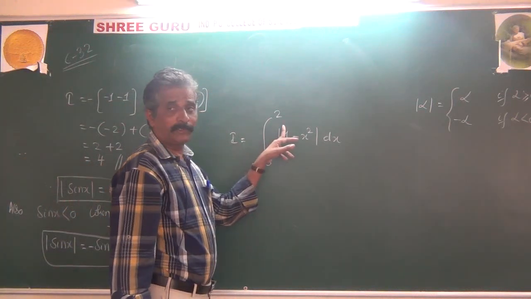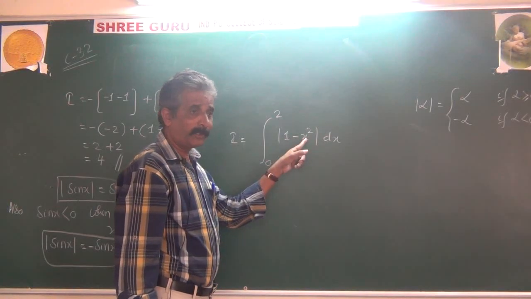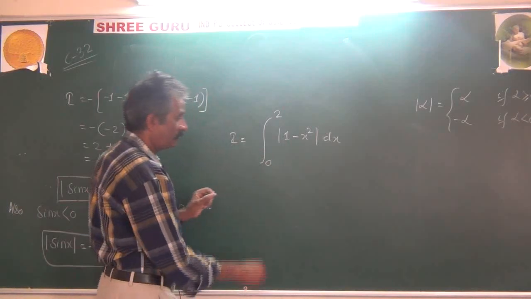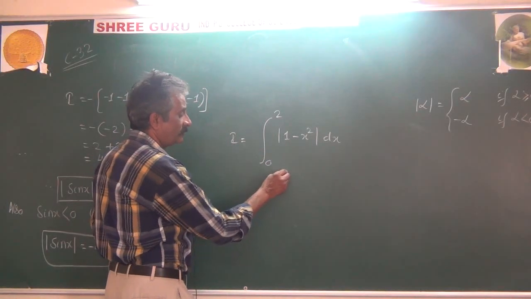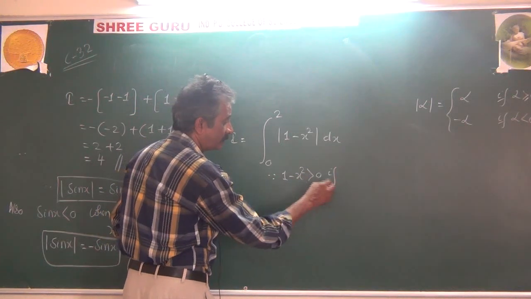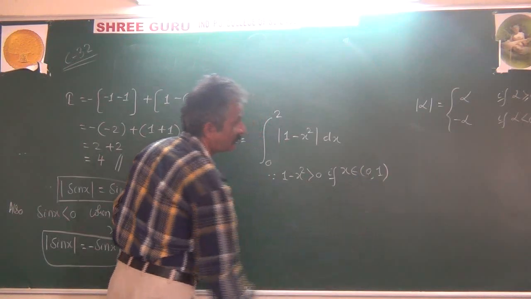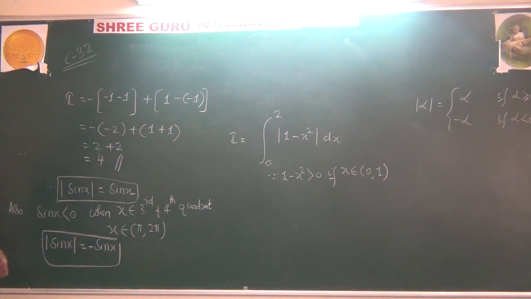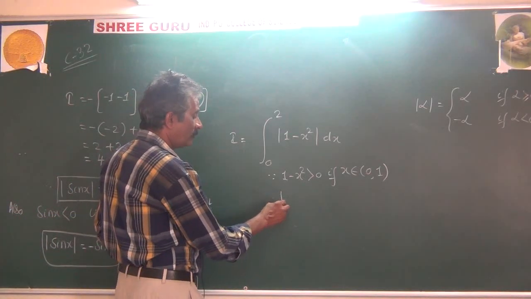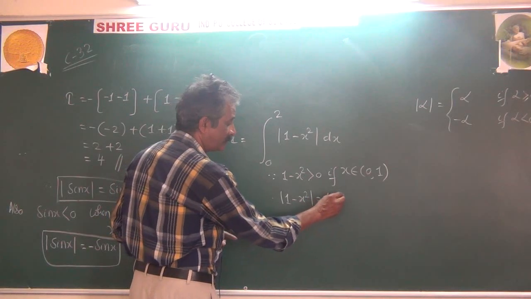In the interval 0 to 1, means x less than 1, less than 1 square is less than 1, 1 minus less than 1 is positive. Since 1 minus x square is positive if x belongs to interval 0 to 1, therefore modulus of 1 minus x square will be equal to 1 minus x square.